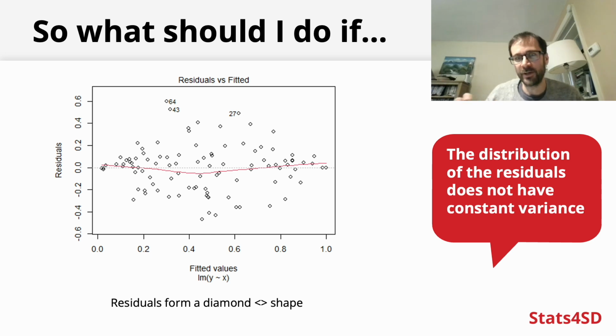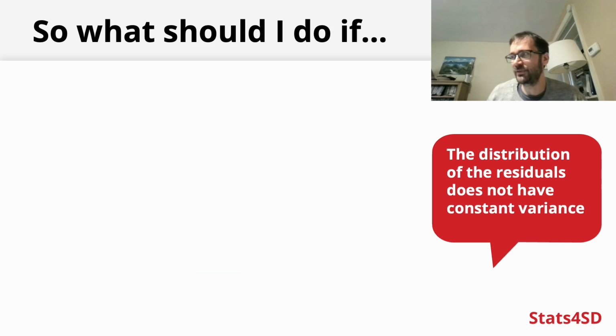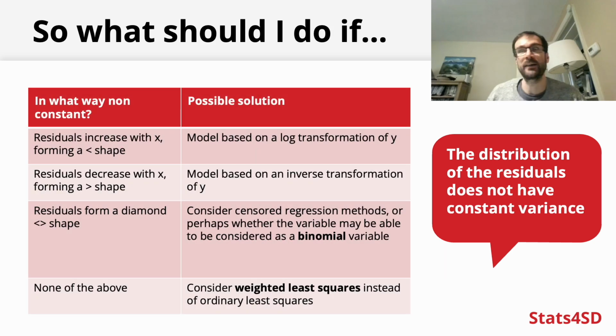And those binary events add up to a binomial distribution when you combine them together to make an exam score. And so this is where you again might think of logistic regression to deal with a case like this. And there are also censored regression methods which exist to deal with perhaps a case where you only have an upper or a lower bound for your particular variable.